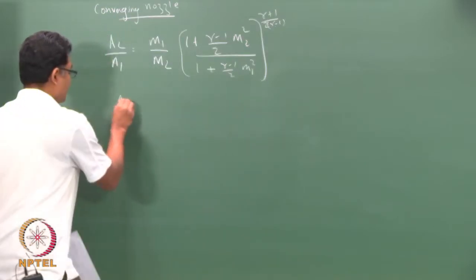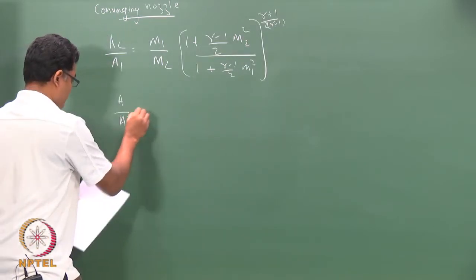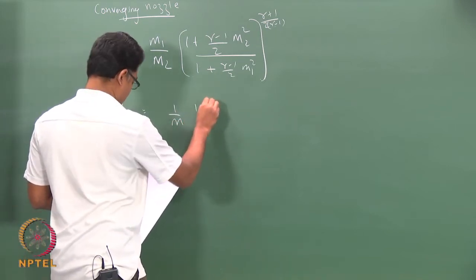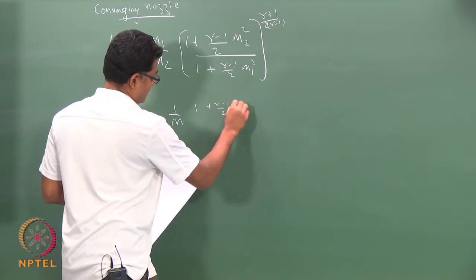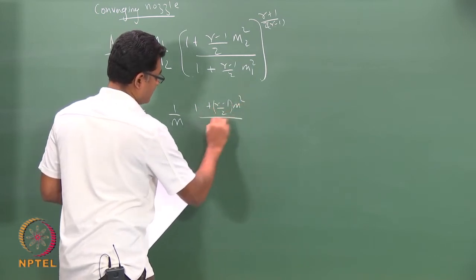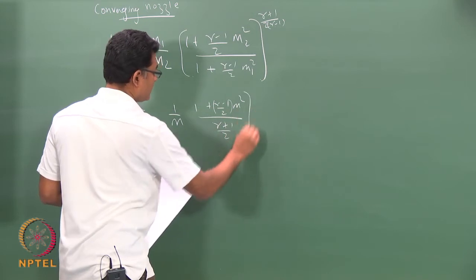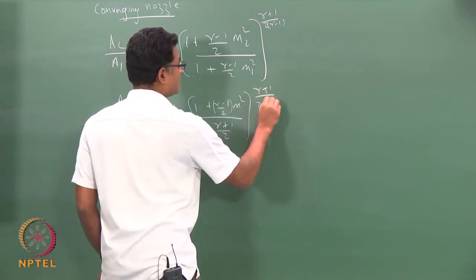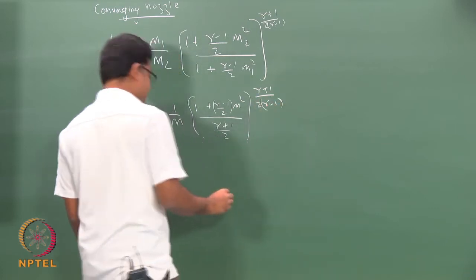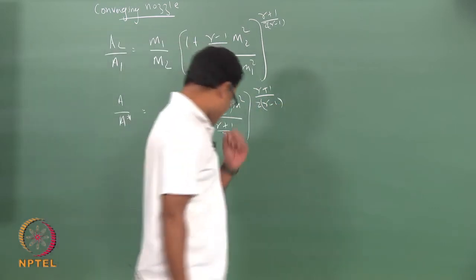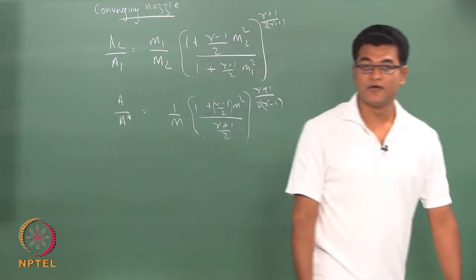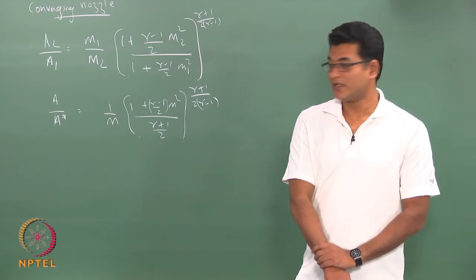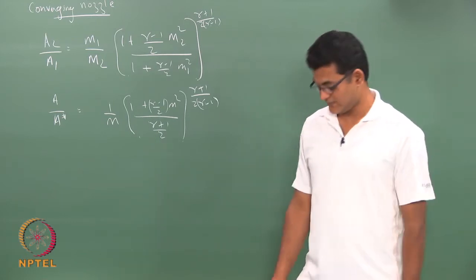And A by A star is 1 by M into (1 plus (gamma minus 1) by 2 M squared) divided by (gamma plus 1) by 2, the whole raised to the same exponent. Okay, so we will start from these equations and try to see what we can get in relation to the converging nozzle.